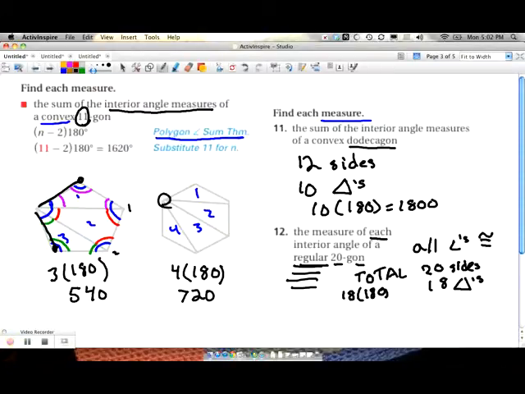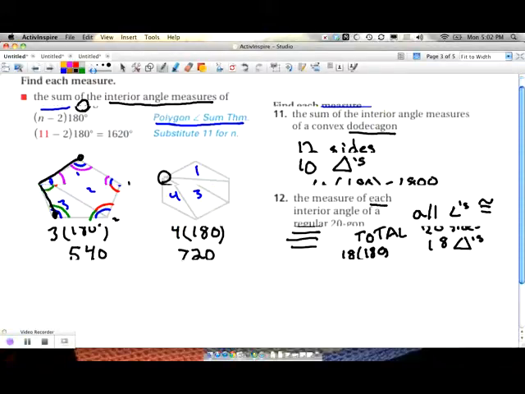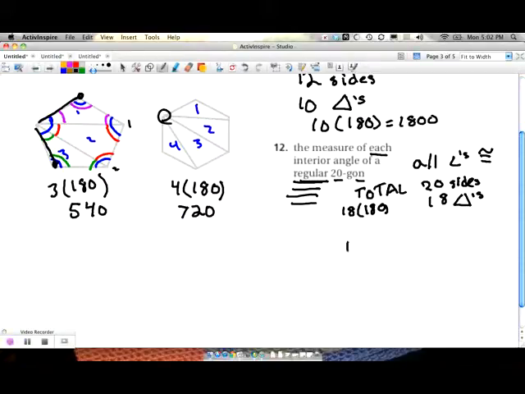If I wanted to figure that out, let's give ourselves some more space here. 18 times 180. 8 times 6 and 1 is 14, so 1440 for there. And I got 180 to add on to it. So 3240.